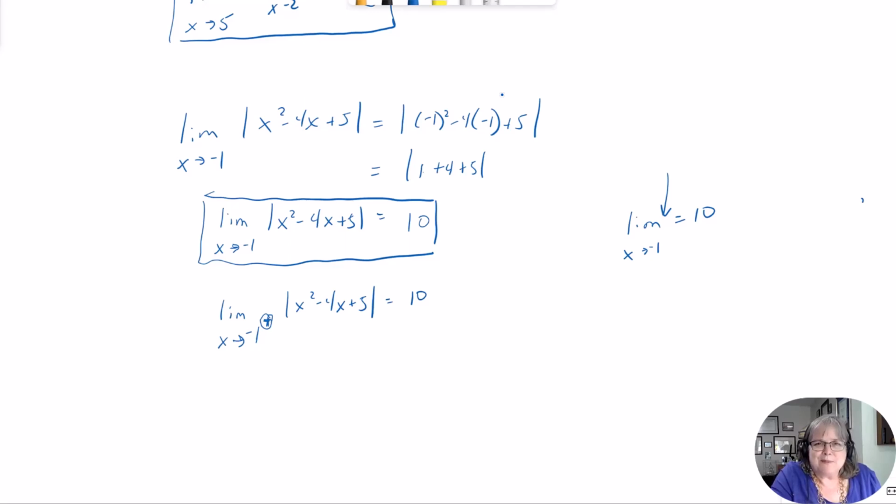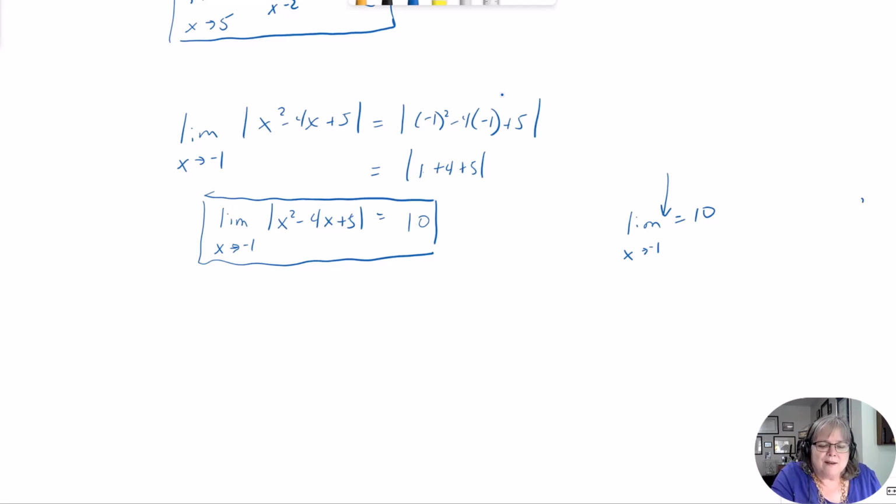Because if it's bugging you, you don't really have a completely firm grasp on what's going on with this left hand, right hand, and two-sided limit. So they'll put that in there just to see if it bugs you. A lot of times it does. I'm one of those who puts it in there. And I actually thought it would be a free question the first time I used it. Kind of like, here's a give me 5 points question. And it really threw a lot of students off.